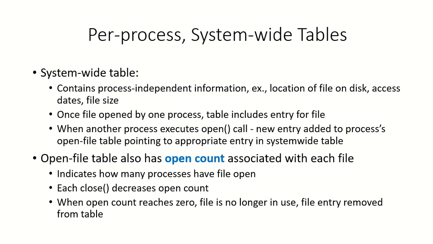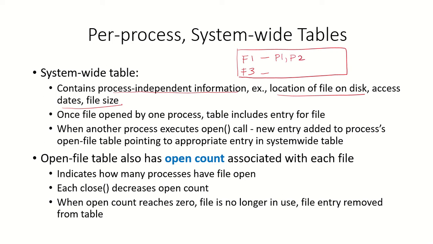Now the system-wide table contains the process-independent information. So it is keeping information of which processes have opened the file, but apart from that it keeps information about the location of the file on the disk, access dates and file size. So if this is the system-wide table with F1 and F3, let's say F1 has been opened by P1 and P2, and F3 has been opened by P4.